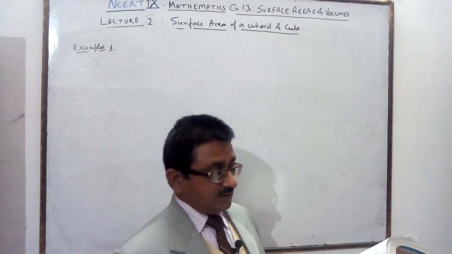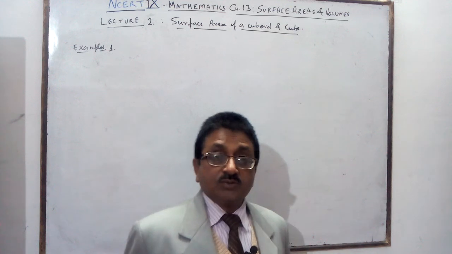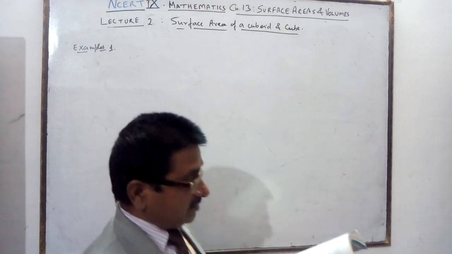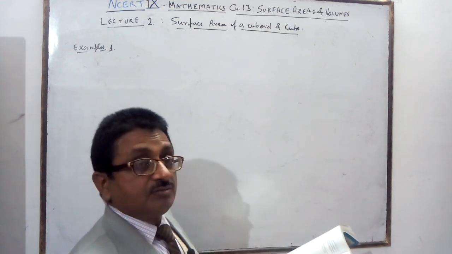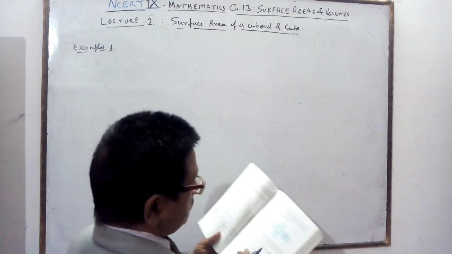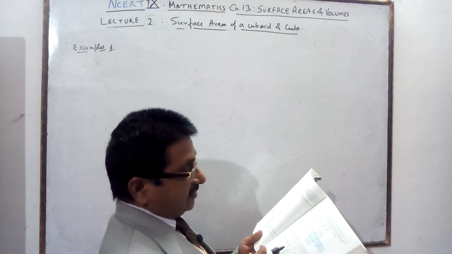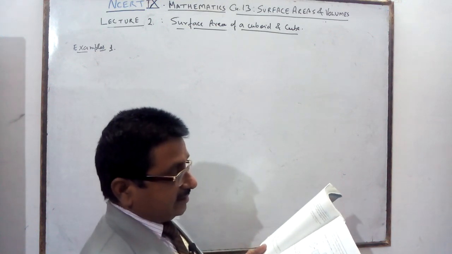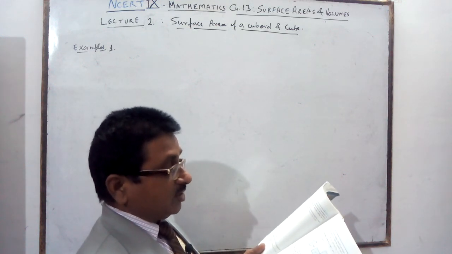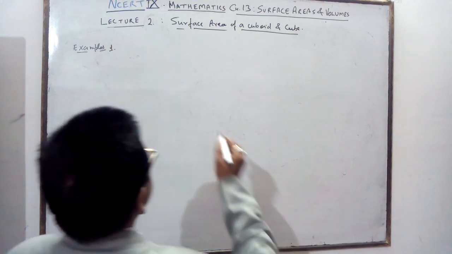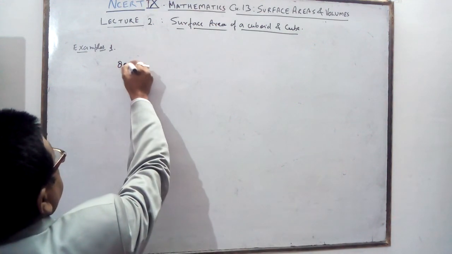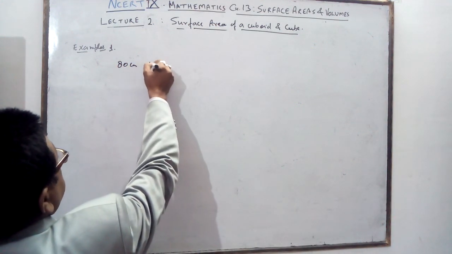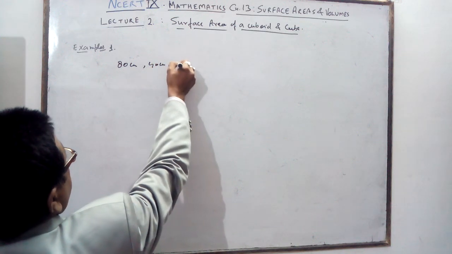Example number 1: Mary wants to decorate a Christmas tree which is on a cuboid whose size is given here. The size of the box is given as 80 centimeter, 40 centimeter and 20 centimeter.